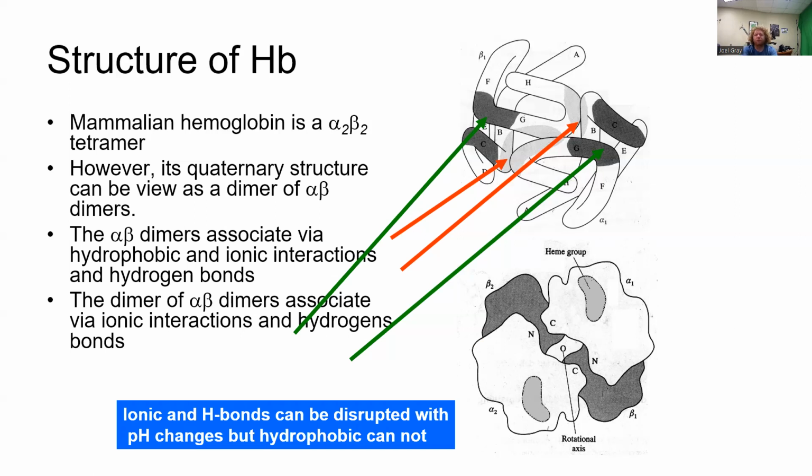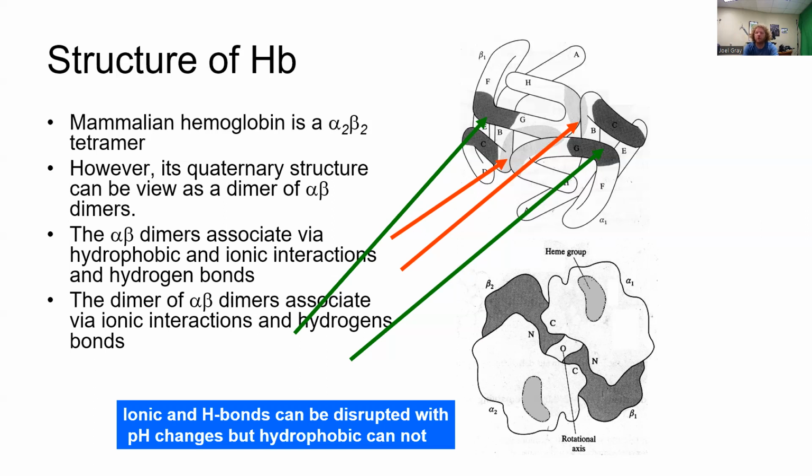So the ionic and hydrogen bonds can be disrupted with pH changes. So we can go from a tetramer to two dimers if you adjust the pH or adjust the salt concentration. But those hydrophobic interactions are going to remain intact almost regardless of the pH adjustment.